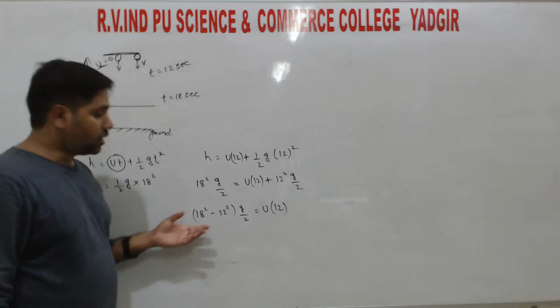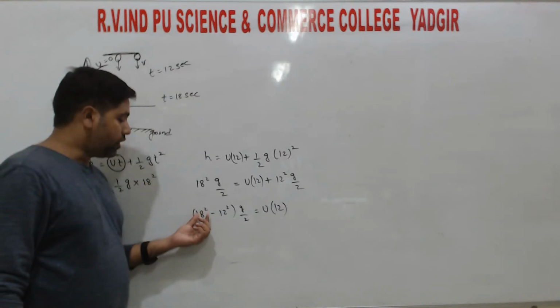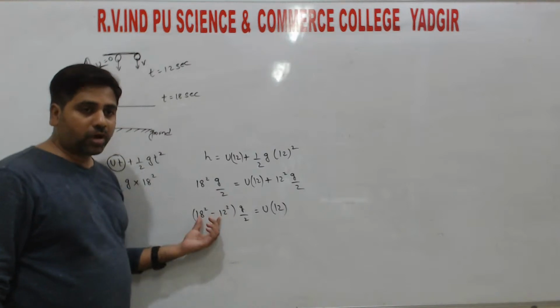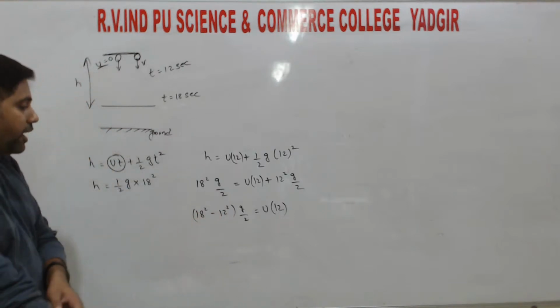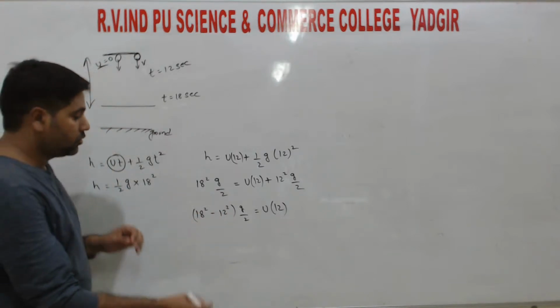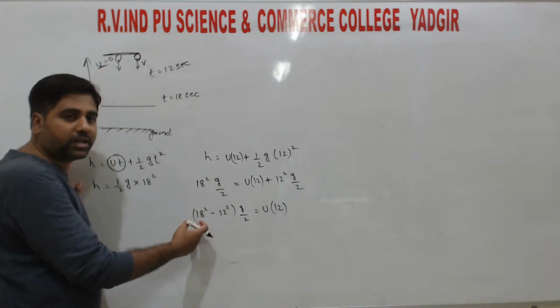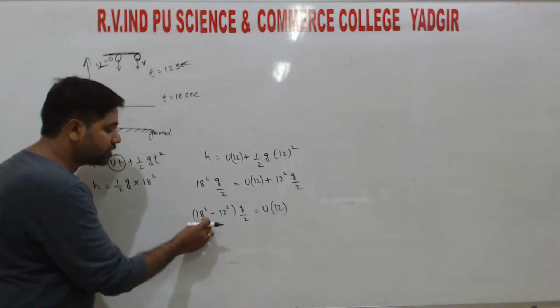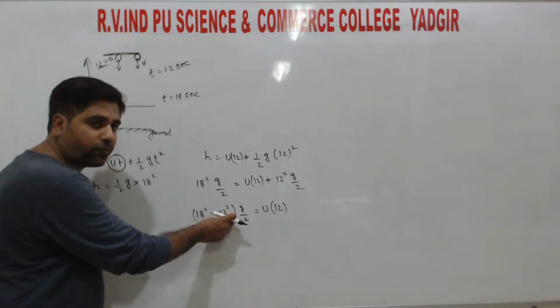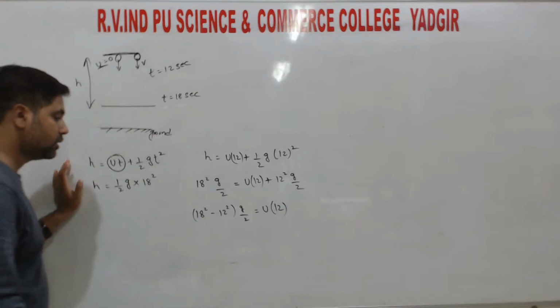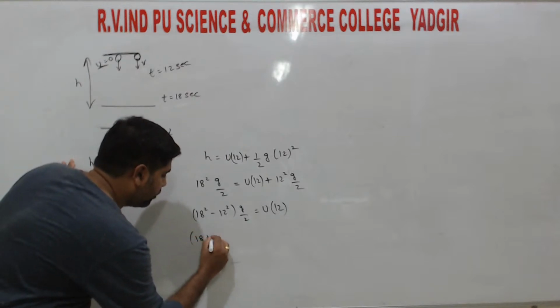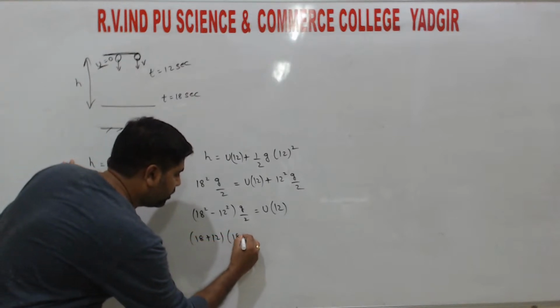In competitive exams we don't have a calculator, so first squaring 18, squaring 12, subtracting and simplifying takes a lot of time, right? So here this is in the form of a square minus b square. The formula is (a plus b) into (a minus b), so 18 plus 12 and 18 minus 12.